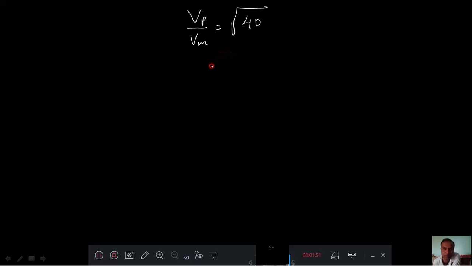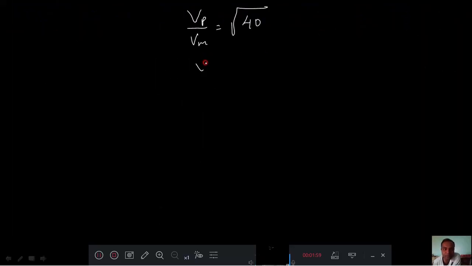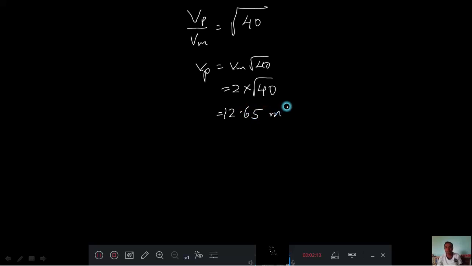Therefore Vp is equal to Vm into root 40, that is 2 into root 40. The answer is 12.65 meter per second. This is your Vp.